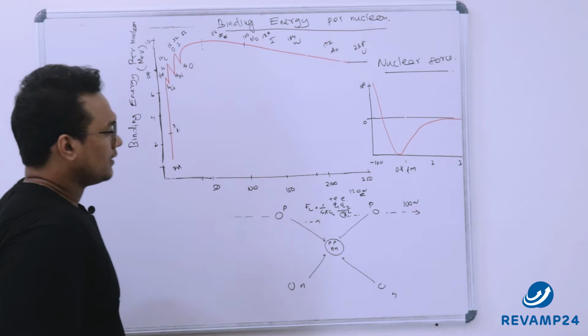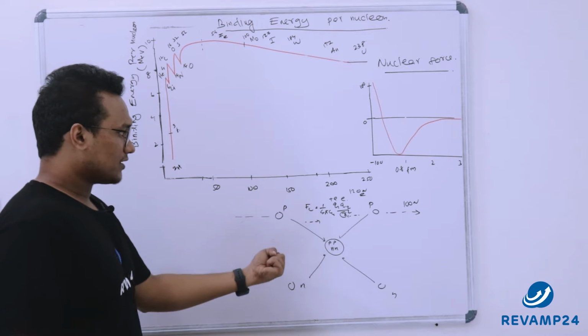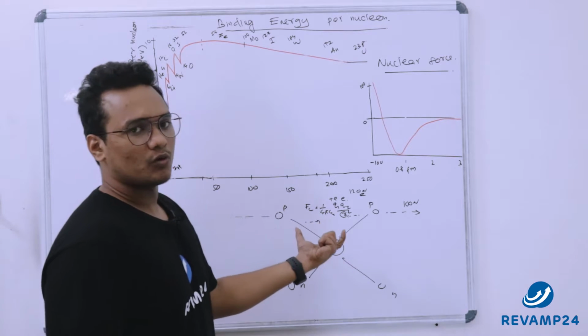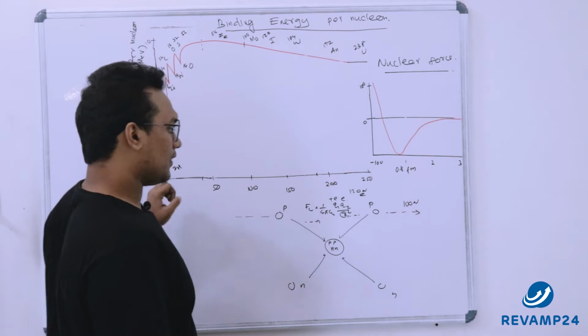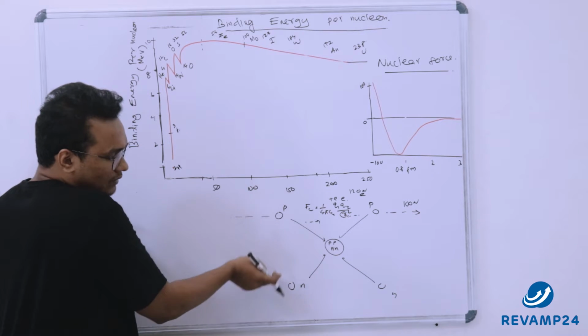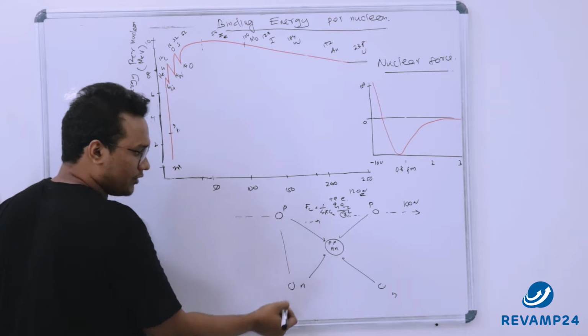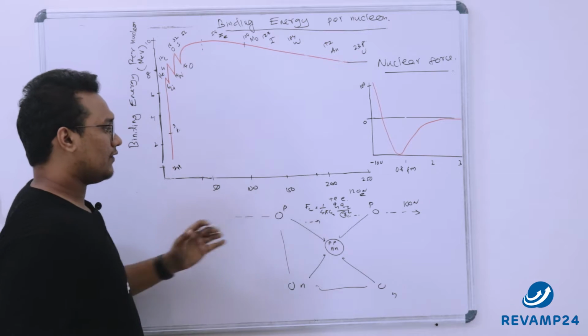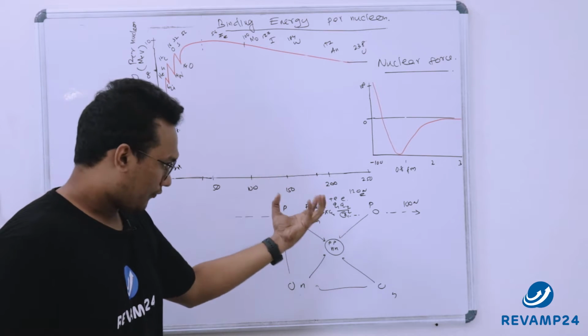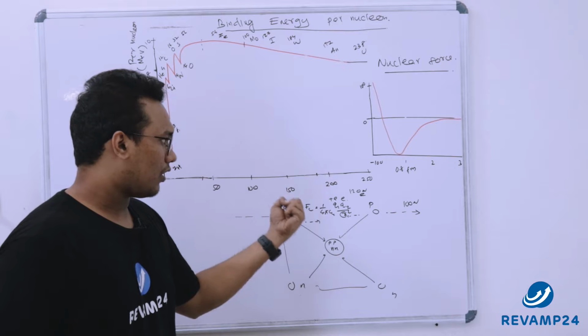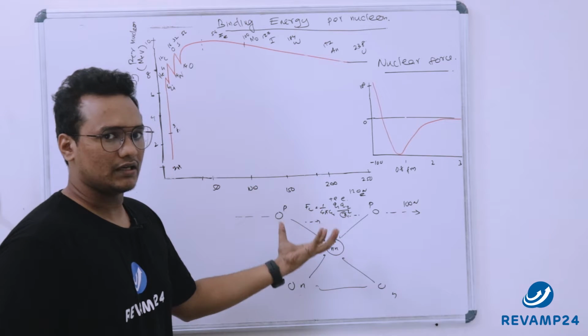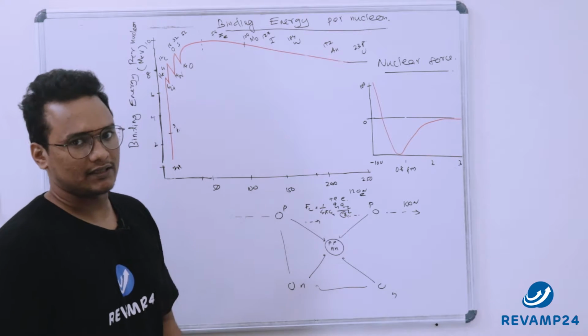Now, which force is present inside? There would be a force between proton and neutron, and neutron and neutron. To overcome Coulomb's force of repulsion, we need a force of larger magnitude.